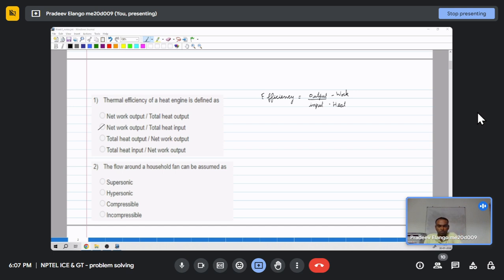So flow around the fan is incompressible. How do we define this? When the Mach number is less than 0.3, we call it incompressible. Does anyone know what is Mach number?